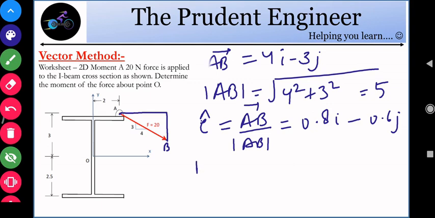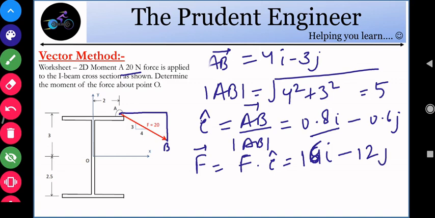Now this force vector can be written as the magnitude of force multiplied by the unit vector, where the magnitude is 20 newtons. So 20 times 0.8 is 16i, and 20 times 0.6 is 12j.